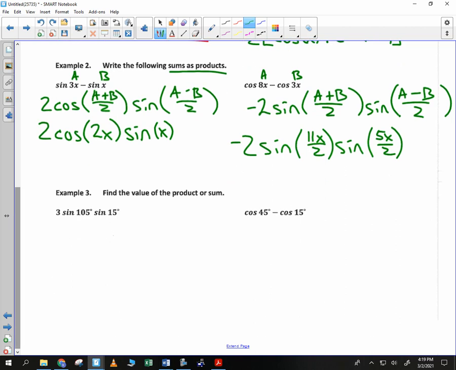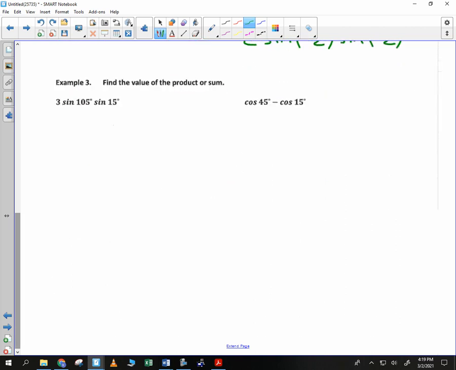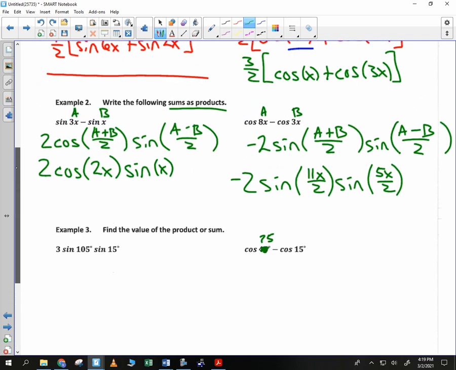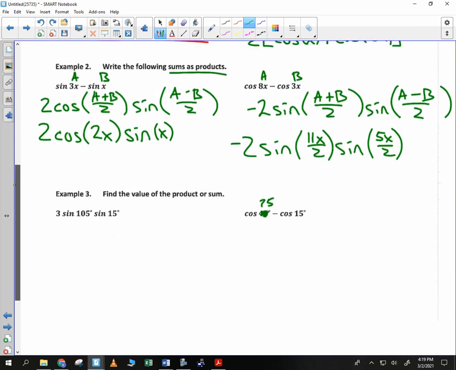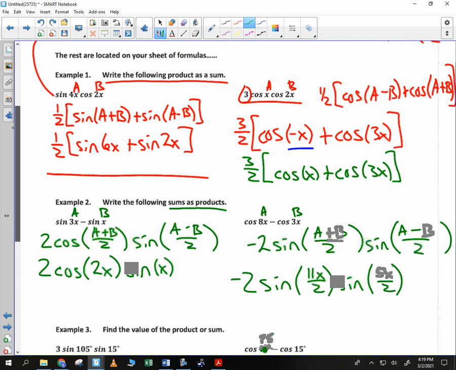All right, so kind of the last thing we're going to glance at here is find the value of the product or the sum. So 3 sine of 105 times the sine of 15. We don't have exact values for that, but if I rewrite this using a formula, like for example, sine times sine, let's see if we have one written up here. Nope, we don't have it.